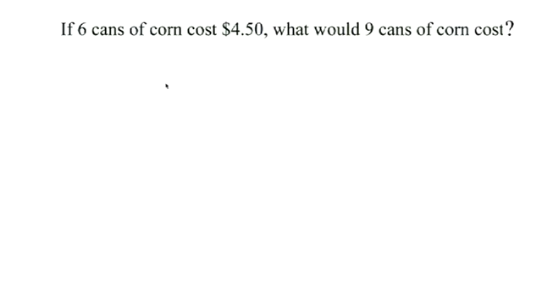So we know that 6, and I'll put little c for cans of corn, is to 450 as, and over here, we know we have 9 cans cost x. And I'll put the dollars next to it. And again, remember, now this one, if you want to leave dollars, you can, but typically your final answer, ignore those marks. That's how it would look when you set it up. That's right.